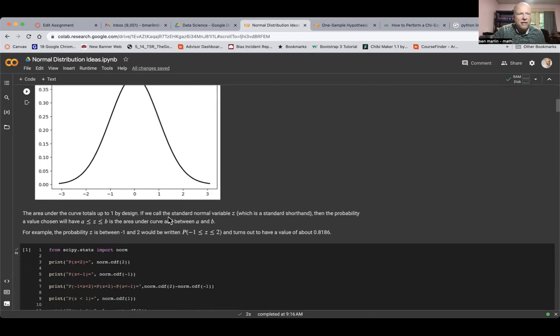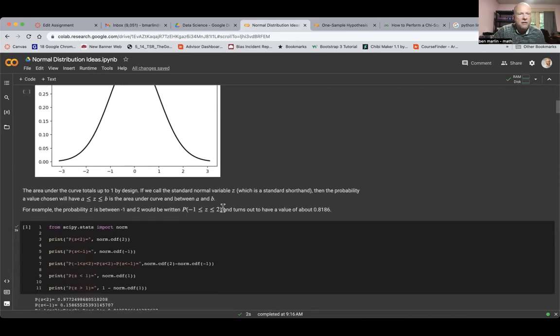I want to point out here that in the notebook that you'll be looking at, you come down here and I have things like the probability Z is between -1 and +2. Okay.